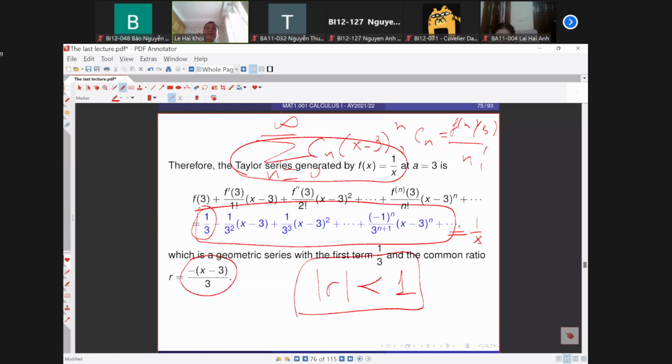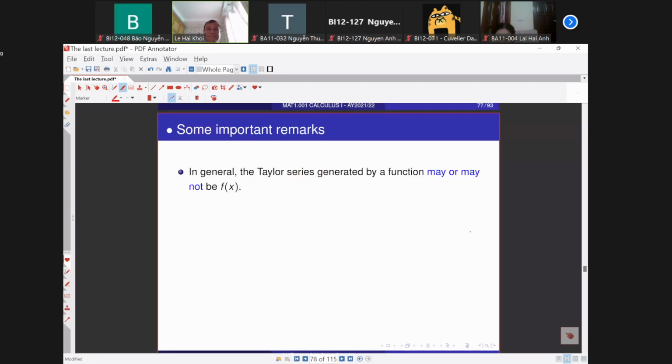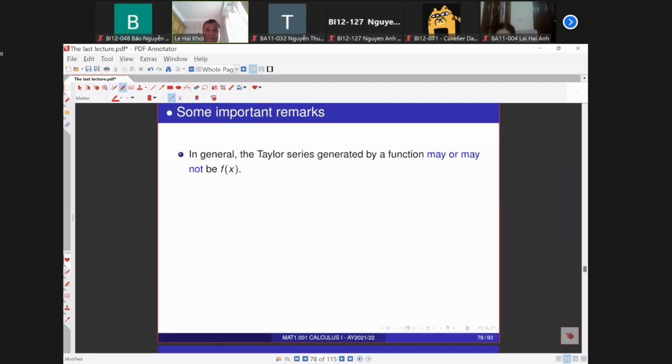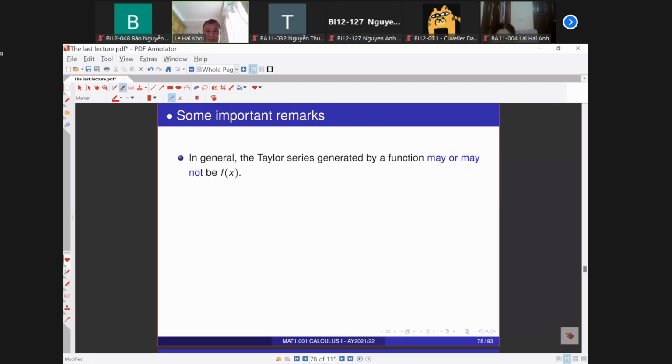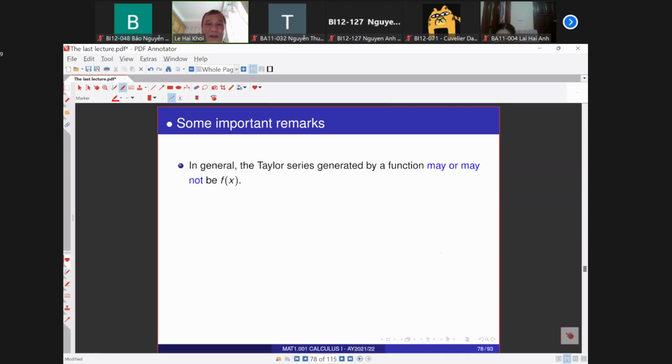That's the series. And now, an important remark I already mentioned, and now I talk about that. In general, the Taylor series generated by a function may or may not be f. Đấy, tôi lại nhắc lại.